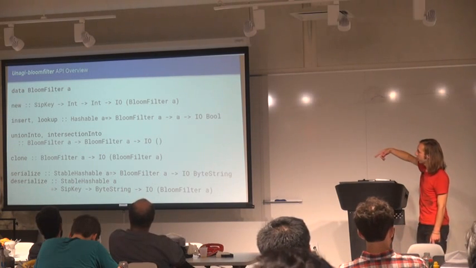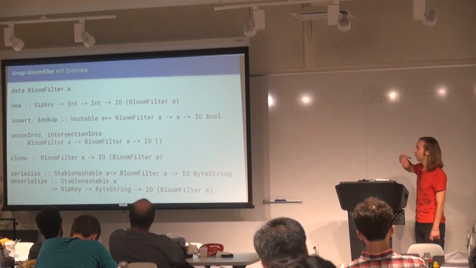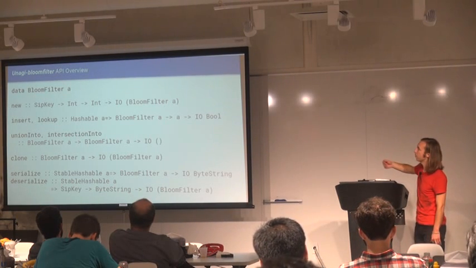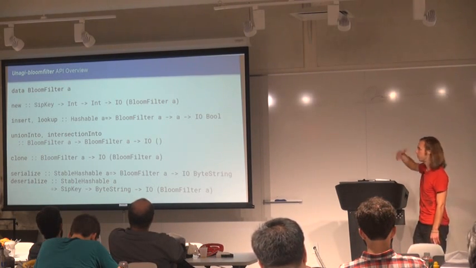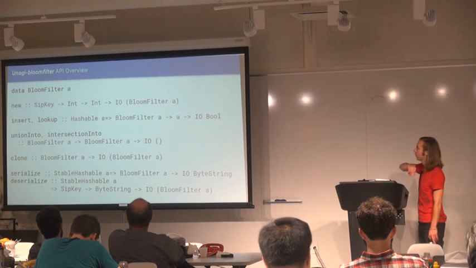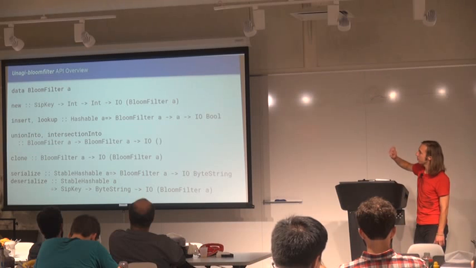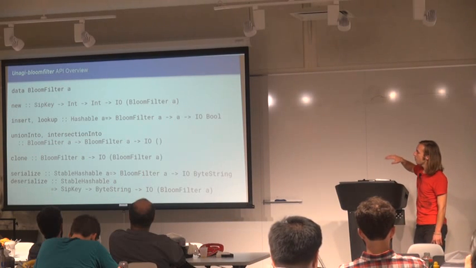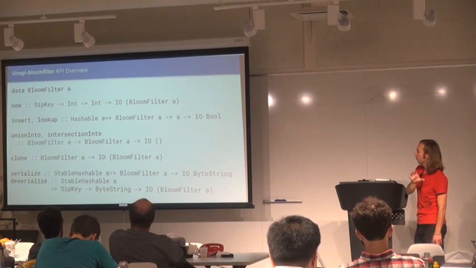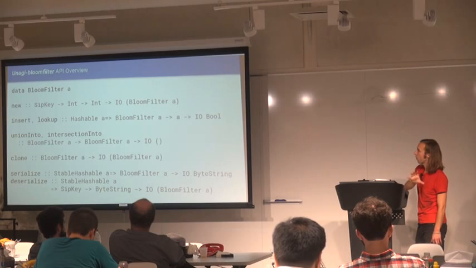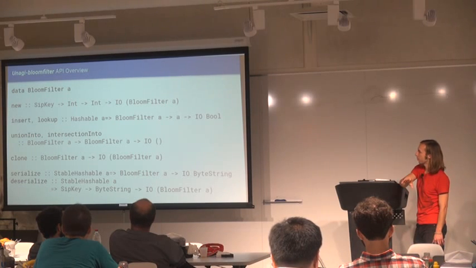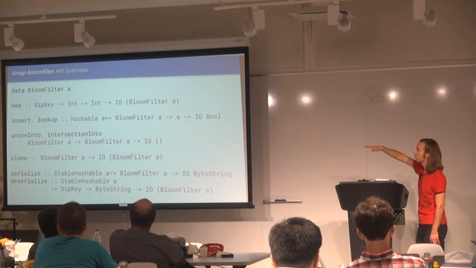For lookup, it'll return whether it was in the Bloom filter, and for insert, it'll also tell you if it was already in the Bloom filter. We also have these union and intersection functions. The union function writes all the elements of one Bloom filter into the other, so it's mutable.